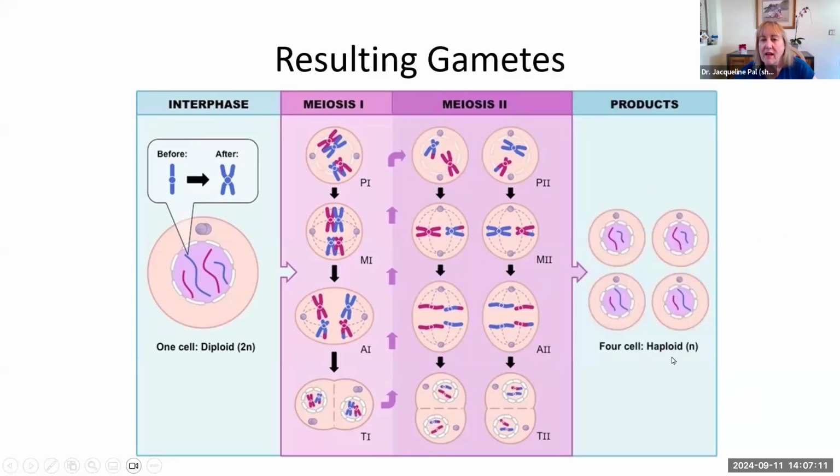So our product at the end, our 4 gametes, are 4 haploid cells. So in meiosis, we start with 1 diploid cell, and at the end, we're going to end up with 4 haploid spermatocytes or 4 haploid oocytes.